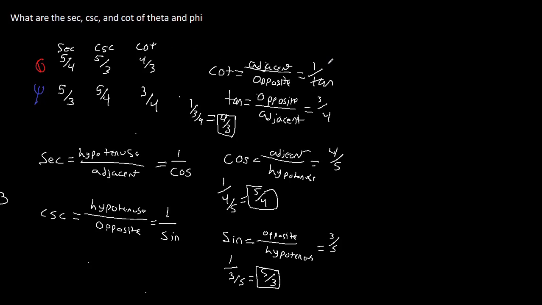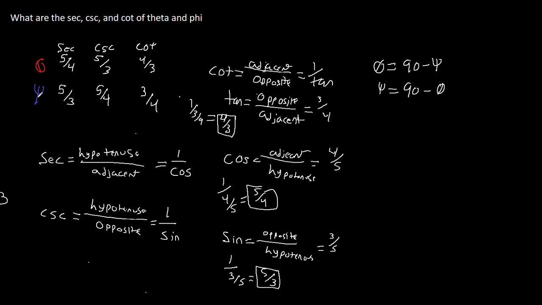right? So let's go ahead and replicate what we talked about before. So we know that theta is equal to 90 minus phi, and we know that phi is equal to 90 minus theta. These are just the definitions of a triangle, of a right triangle as we've described it.